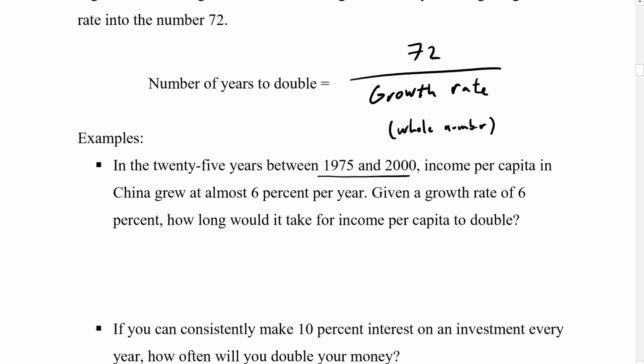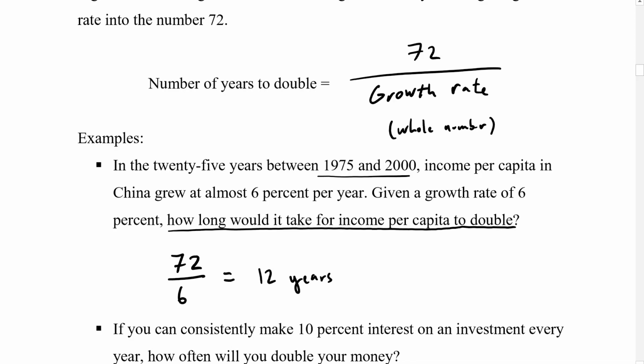So given a growth rate of 6%, how long would it take for the income per capita to double in China? All we do is take 72. If they're growing at 6% a year, we throw a 6 in the denominator. So that means if they maintain that growth rate, Chinese incomes will double every 12 years.